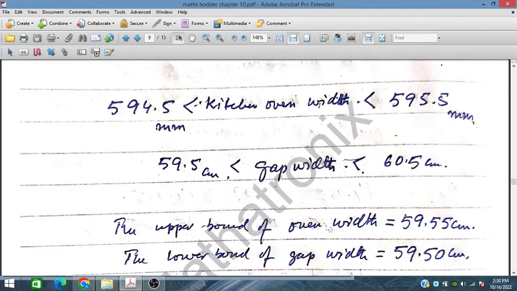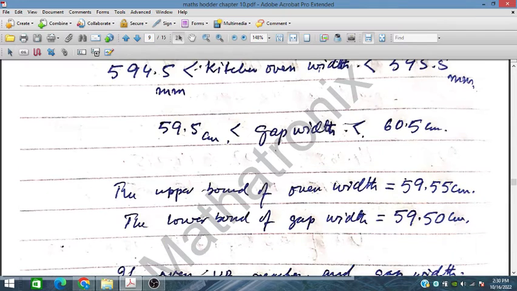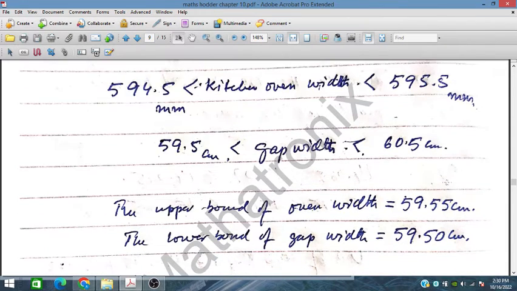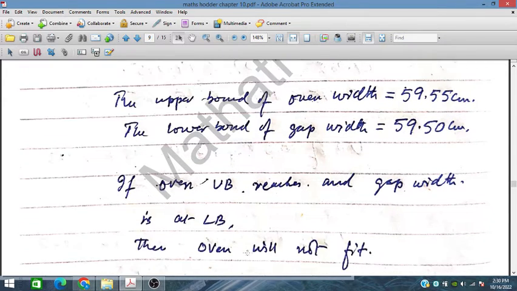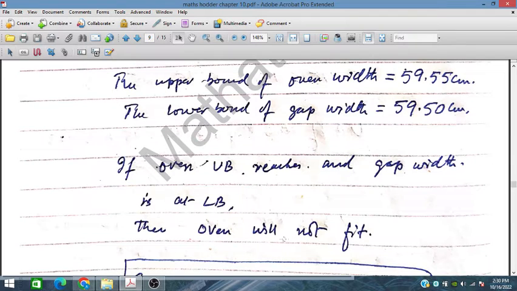So this 60 centimeter wide gap has an upper bound and lower bound in centimeters. So the upper bound of the oven width is 59.55 and the lower bound of the gap width is 59.50 centimeters. So if the oven is at its upper bound and the gap width is at its lower bound, then the oven will not fit.